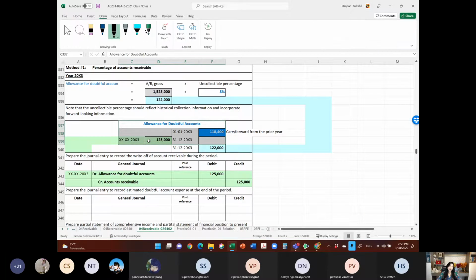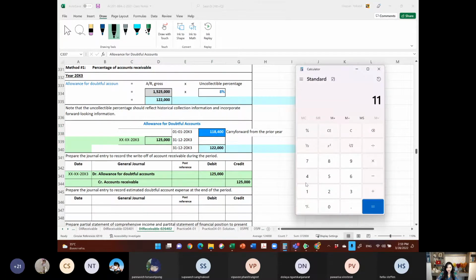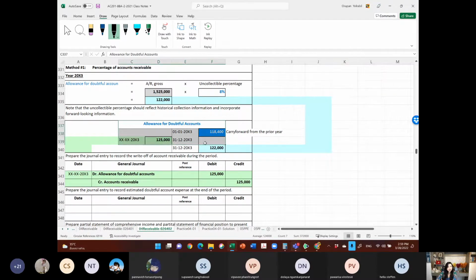So over here, if you take the balance of 118,400 and then minus 125,000, you basically have a negative balance of 6,600. So right now, you have a negative 6,600.